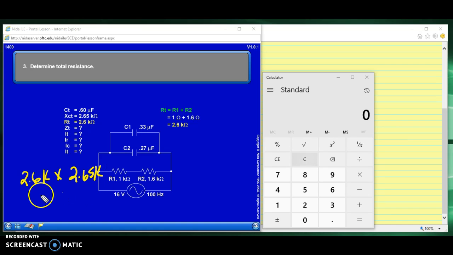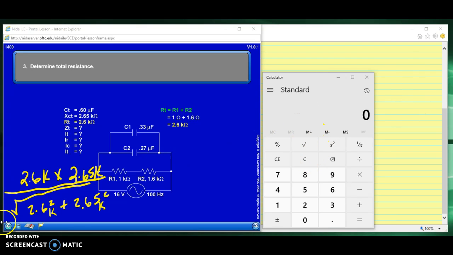Okay. And then we've got to put that over the square root of both of those squared. So 2.6 squared plus 2.65 squared, and those are both K. But we're staying with K, so all these K's will cancel one another out anyway.